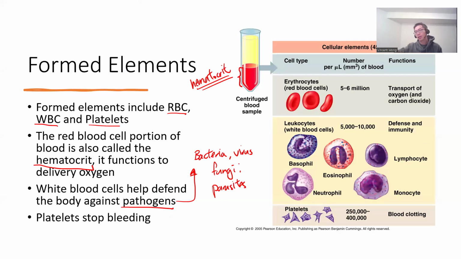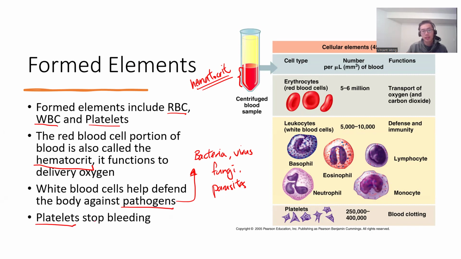All these things are basically living organisms that can cause you to become sick. So your white cells are there to help defend the body against these pathogens. And the last part of the formed elements would be the platelets.